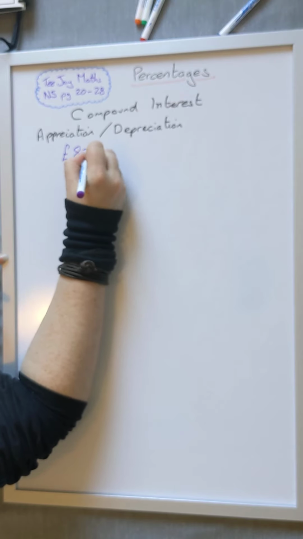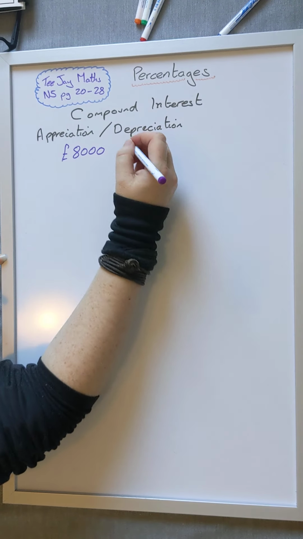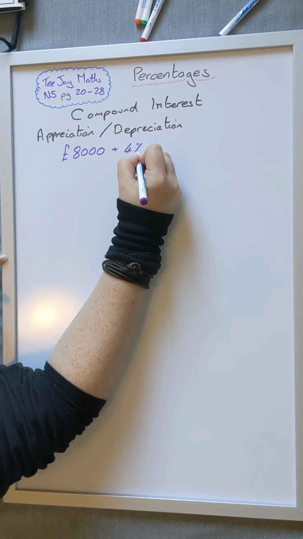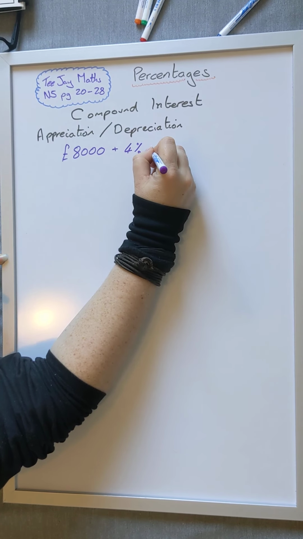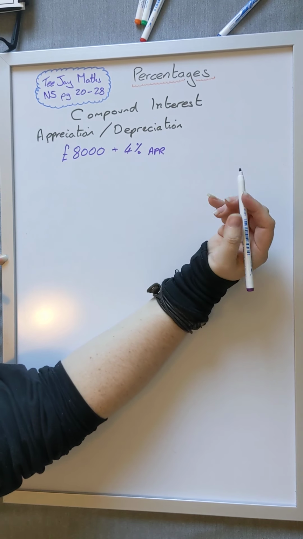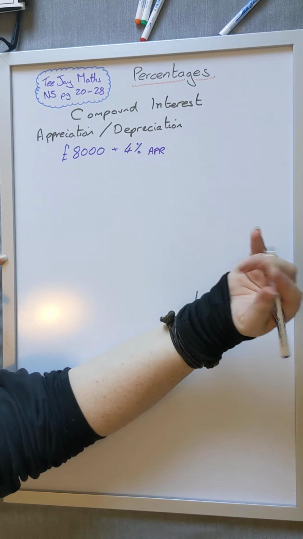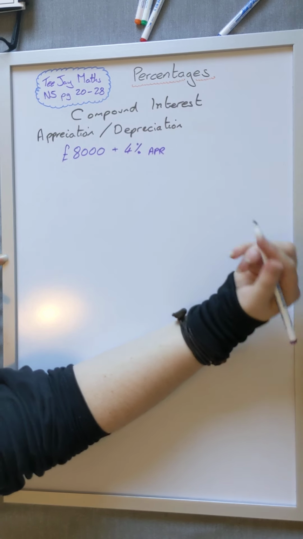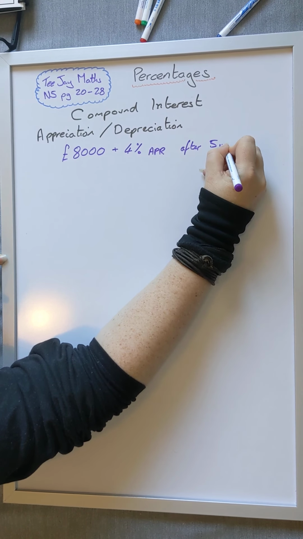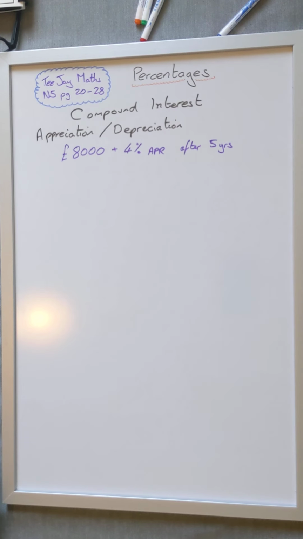Let's say a painting, posh painting, £8,000, and we're told it increases in value by 4% every year, APR, annual percentage rate of 4%. And we're told that we're looking at the price after 5 years. And we have to work out how much it would now be worth.